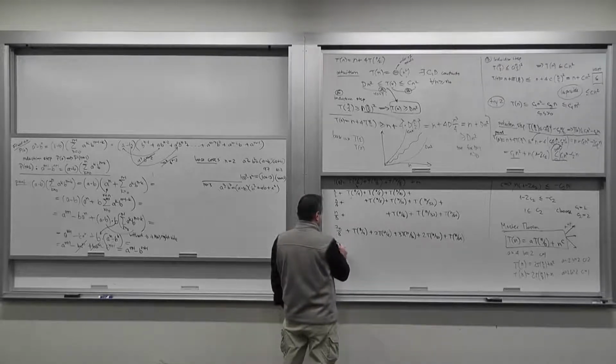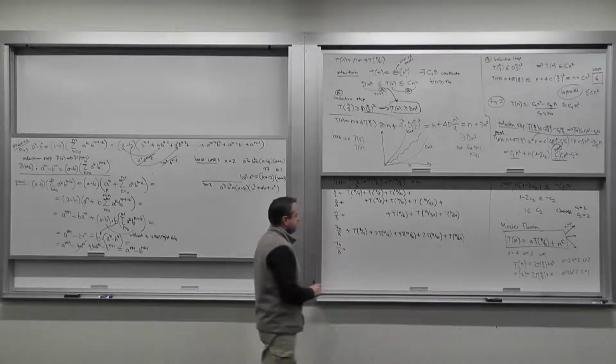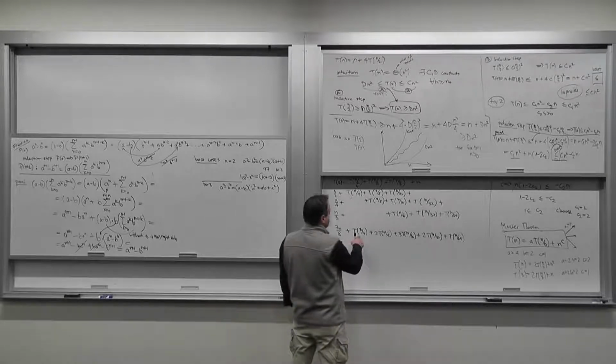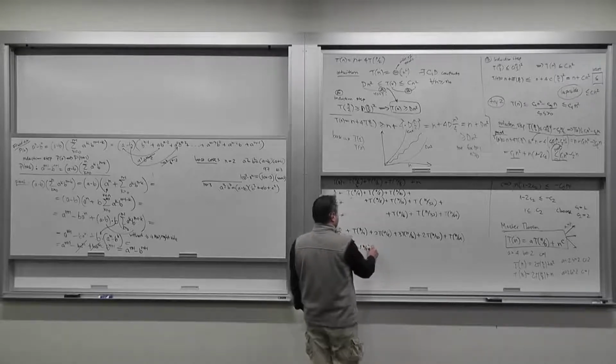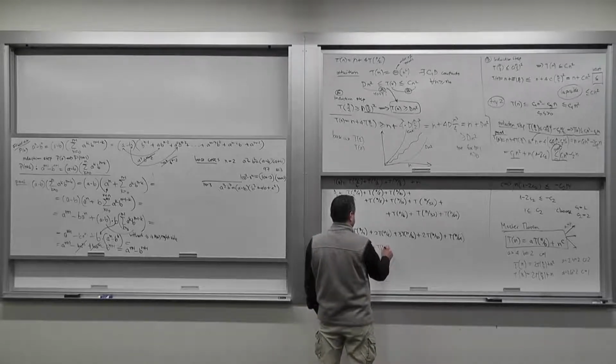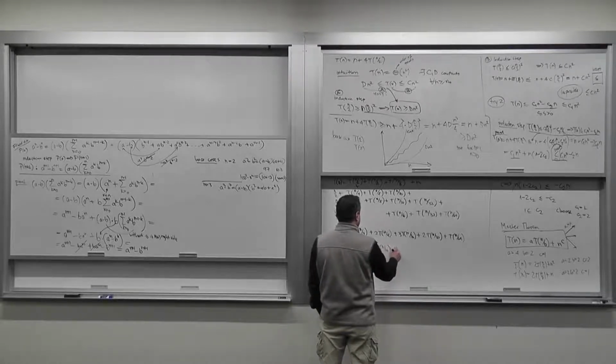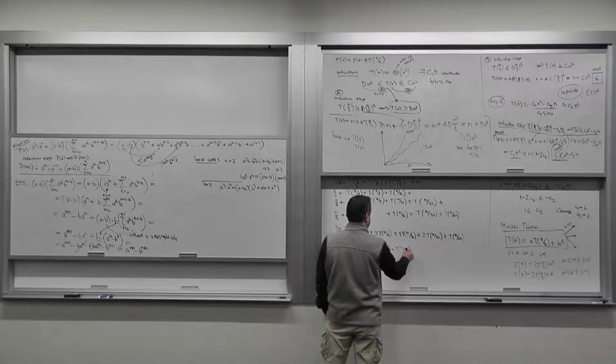So let's keep the 7n by 8 here, and let's see what we get. N by 4, it's going to be who I already have n by 4, right? T of n by 8 plus T of n by 16, right? Plus T of n by 32.